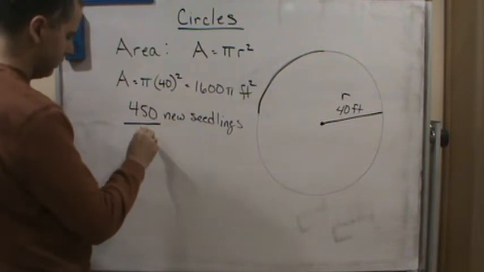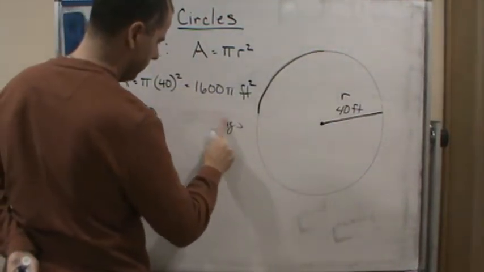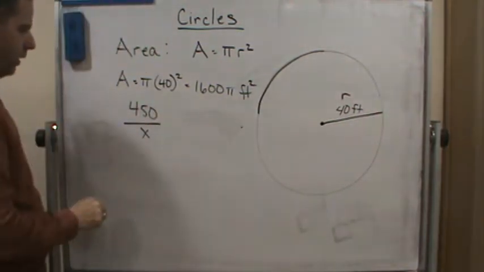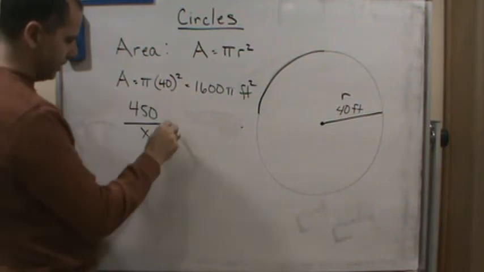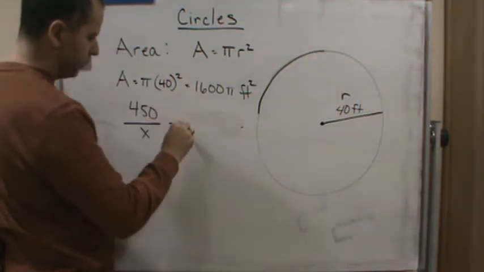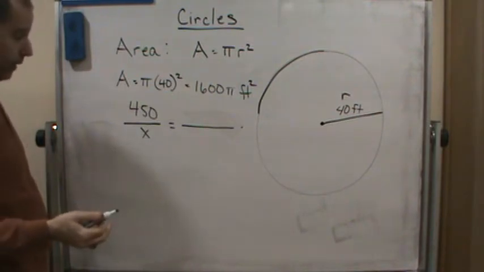Over X. Okay, so we got 450 seedlings over X seedlings is equal to, now relate this to the area, right?